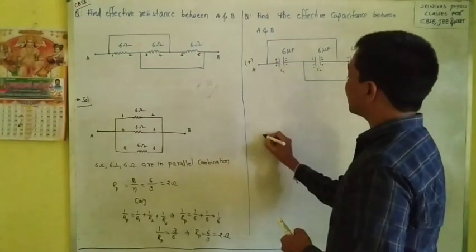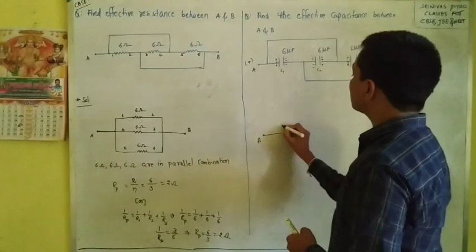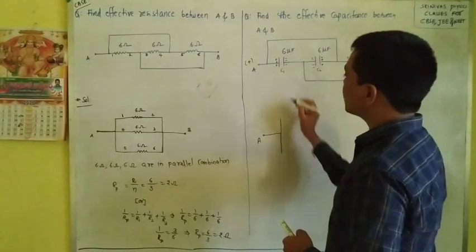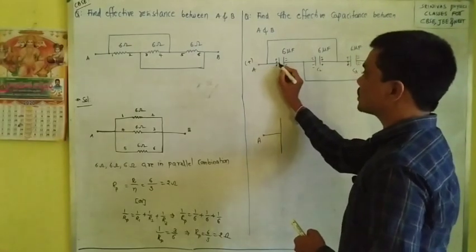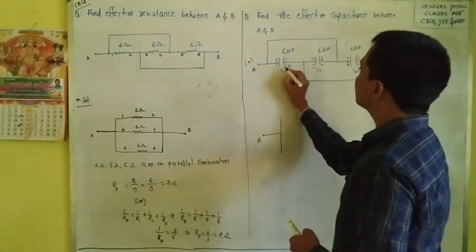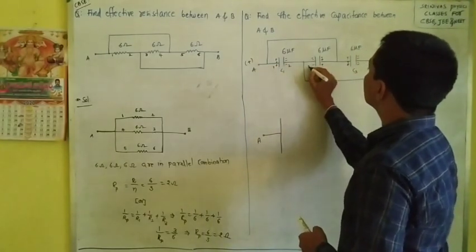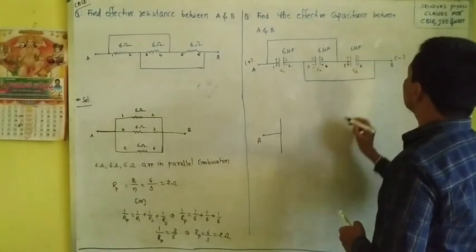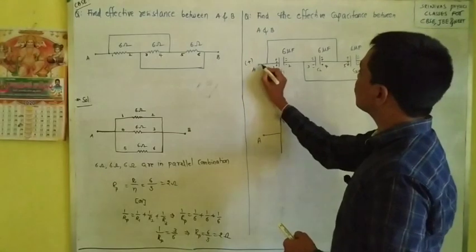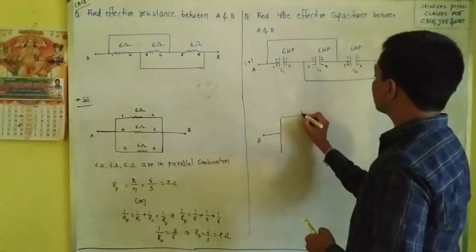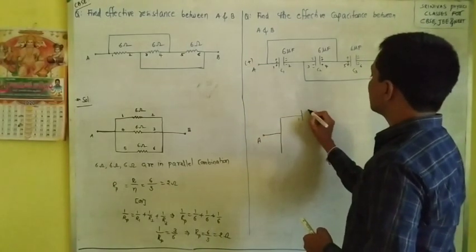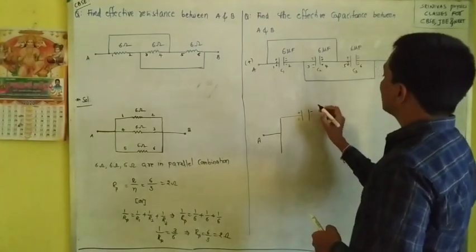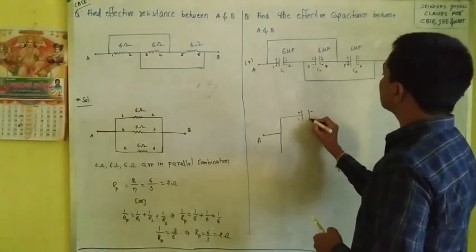If you redraw the diagram, A is connected to this plate. First, A is directly connected to this positive plate. We will write 1, 2, 3, 4, 5, 6, right? And let us start. A is connected to 1, first plate, that is the positive plate, and 1 is combined with the 2.